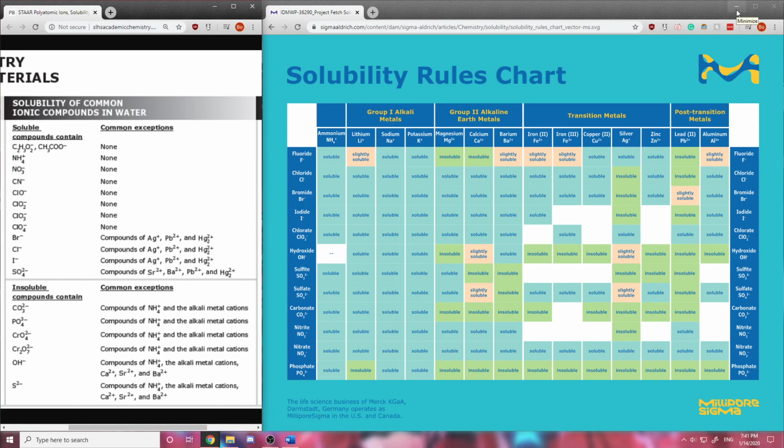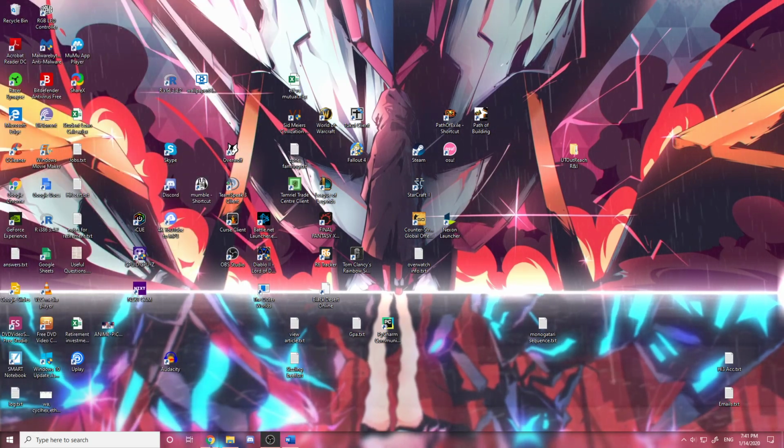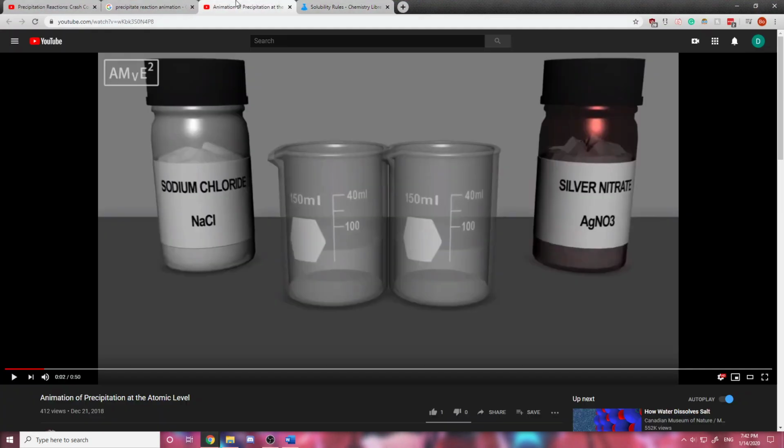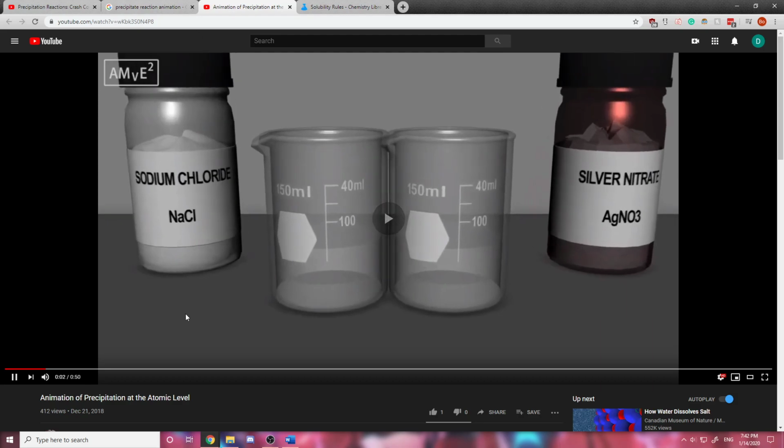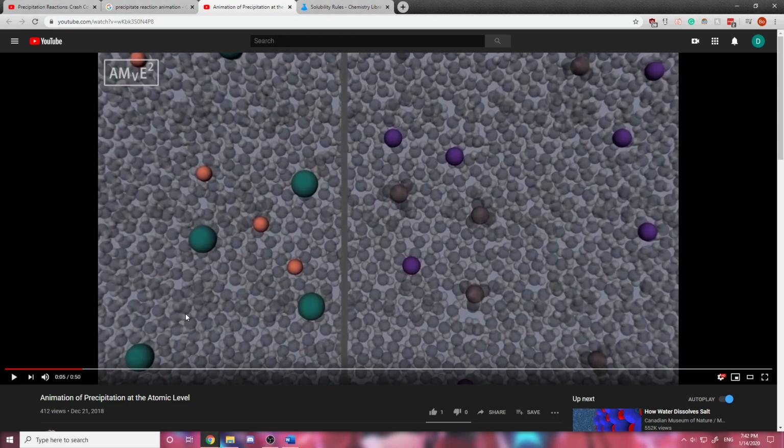Now, what does this mean inside a chemical reaction? How do you visualize what's going on? What does being insoluble or soluble have to do with forming a precipitate inside a reaction? In this video, it shows a quick demonstration of what's happening on the molecular level.